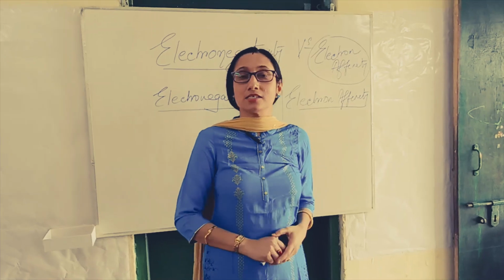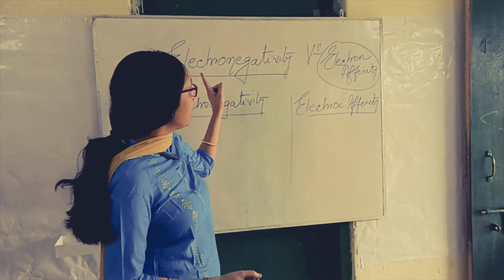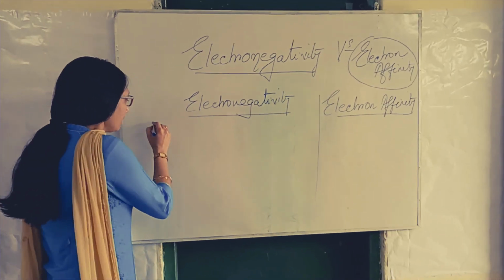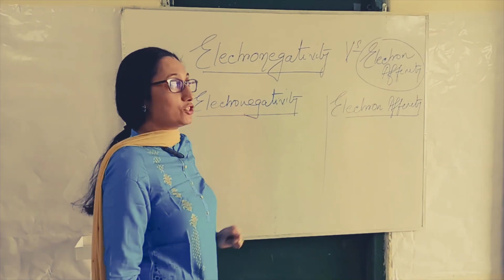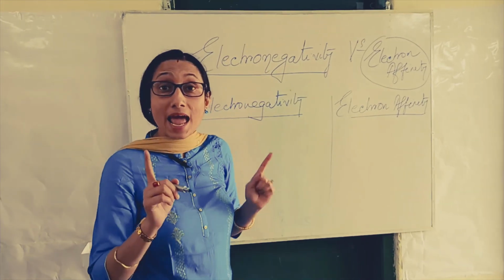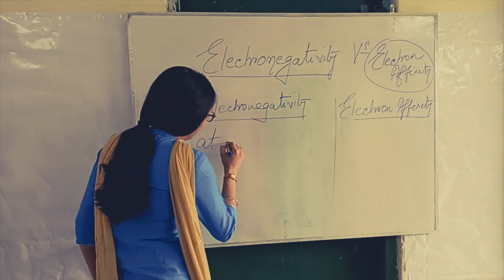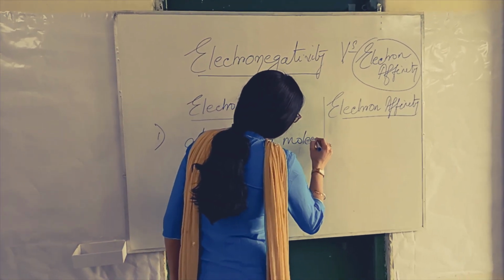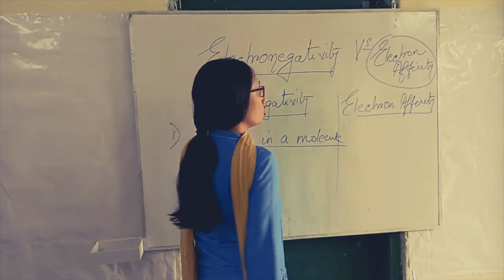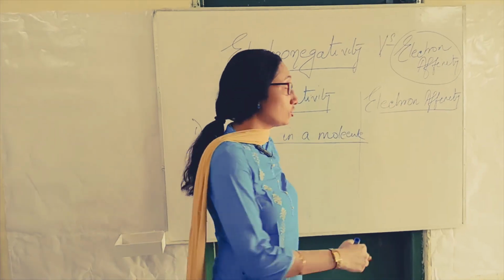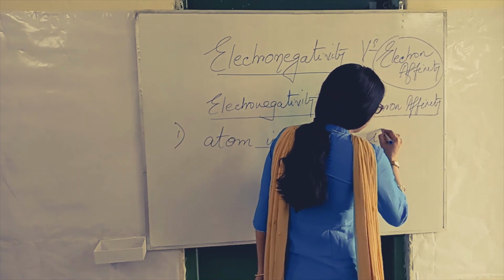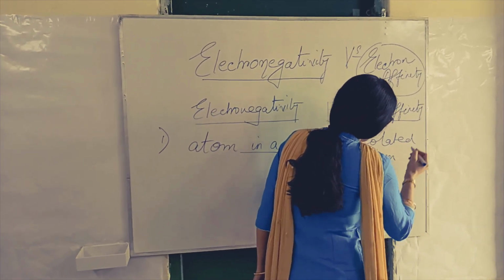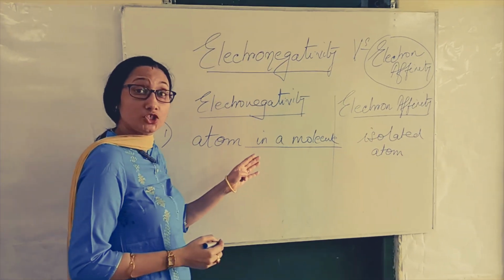So now let us discuss the difference between electronegativity and electron affinity. Now this electronegativity refers to an atom in a molecule. What about electron affinity? Electron affinity deals with an isolated atom. So here we have the concept of shared pair.